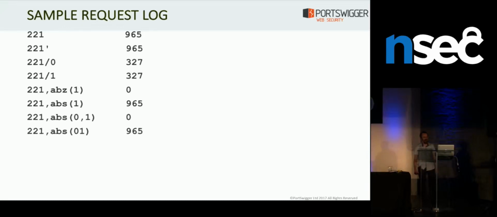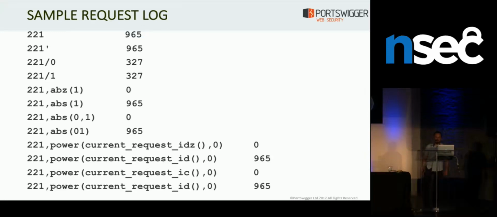Here, rather than calling a function that doesn't exist, it's still calling the abs function, but it's using the wrong number of arguments. And once again, that causes an error, but sending the right number of arguments reverts us. So now we know this is vulnerable to some kind of language injection, and we can try loads of language-specific functions, and eventually find that the current request ID function works, which tells us that we've got Microsoft SQL injection. Lovely.